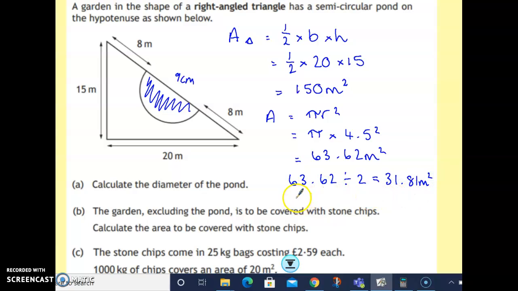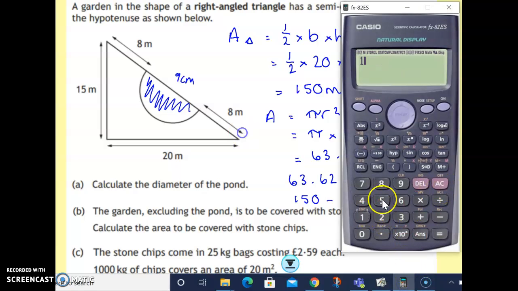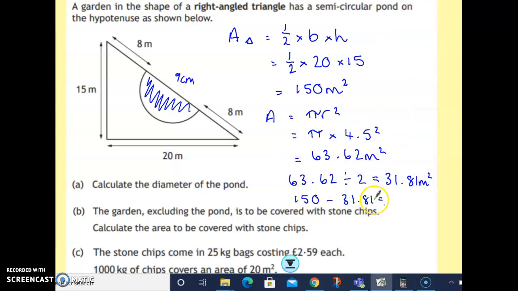Now I can take away: 150 take away 31.81, and we get 118.19. And remember our units, metres squared.